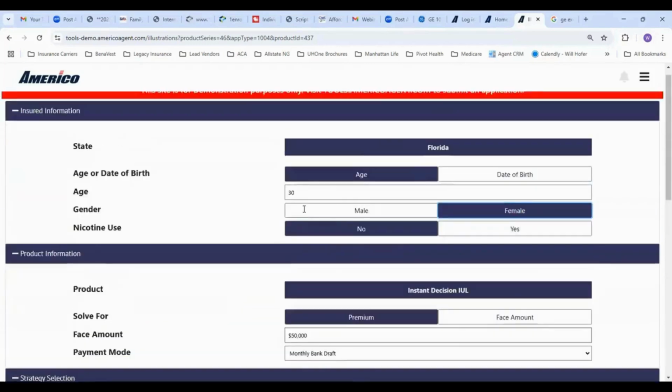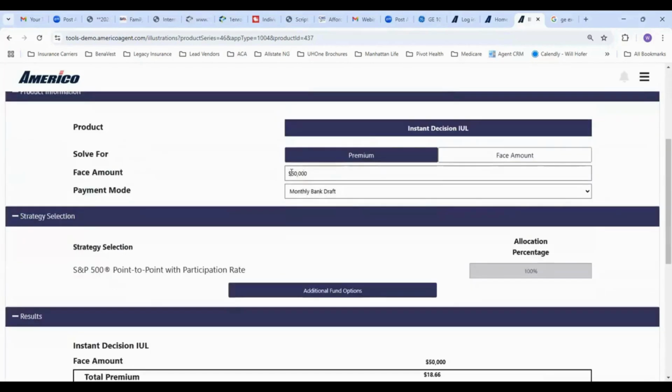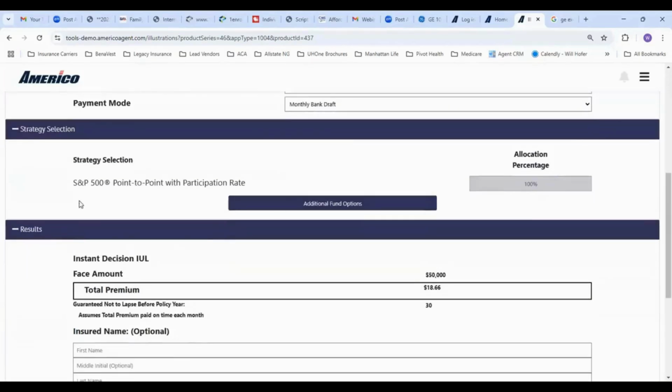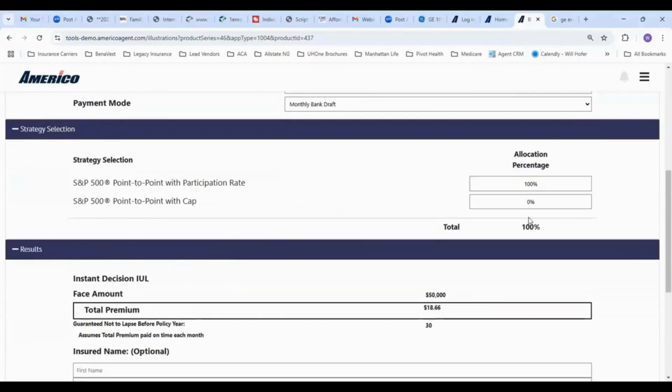Right. So here we're going based on a client who is 30 years old, $50,000 death benefit. Here's the strategy. There are other strategies here. You could do one with the cap, 100%. Personally, with this, I do the participation rate. Participation rate is 86%. So this is good in the sense that we're not capping the client at a certain level.